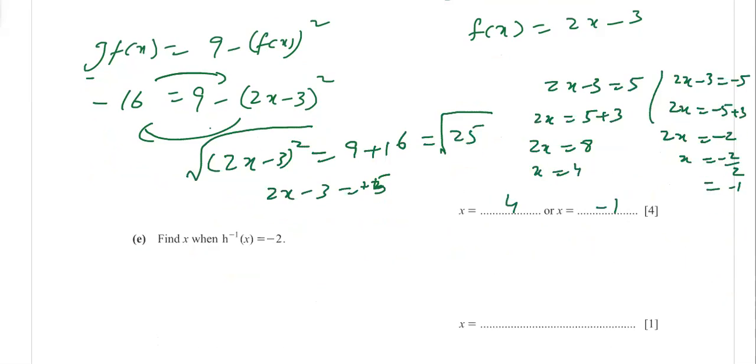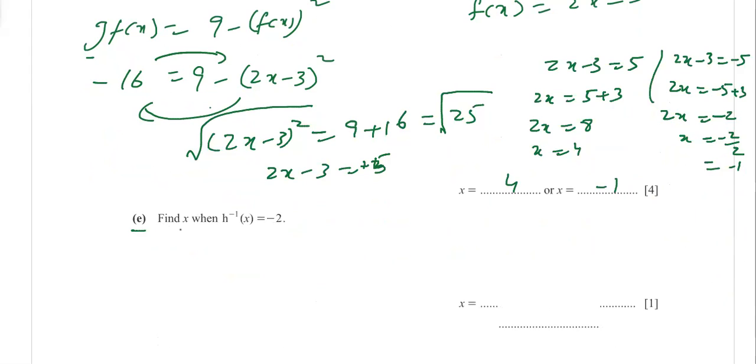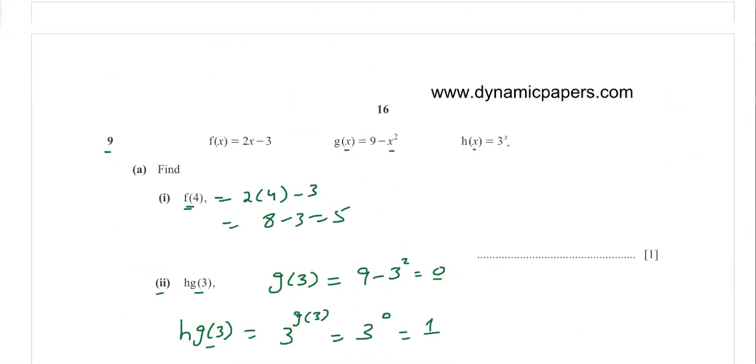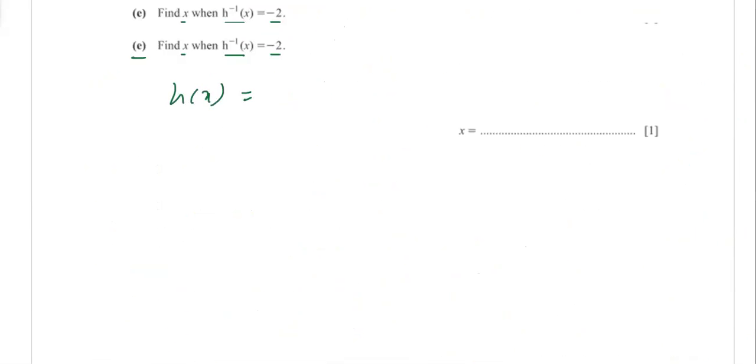Next, part E: find x when h inverse x is equal to minus 2. Now h of x is given as 3 power x. H of x is equal to 3 power x. Now I have to solve h inverse equal to minus 2.